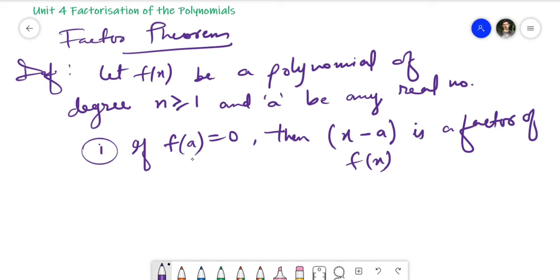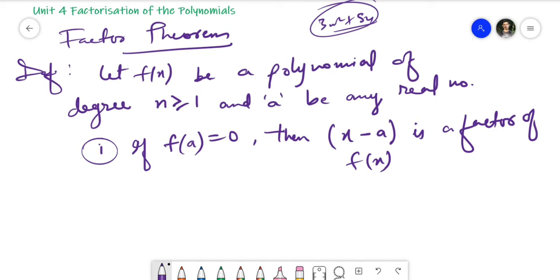If we have some polynomial, say 3x square plus 5x, and we put some number like -1, -2, whatever, and we get 0, then that number gives a factor of f of x. We'll do problems based on this, and then you can exactly understand what I'm talking about.